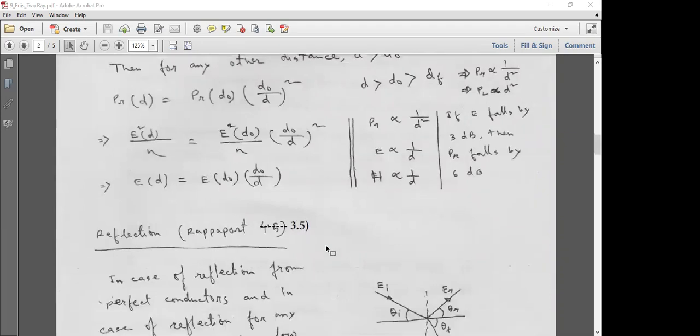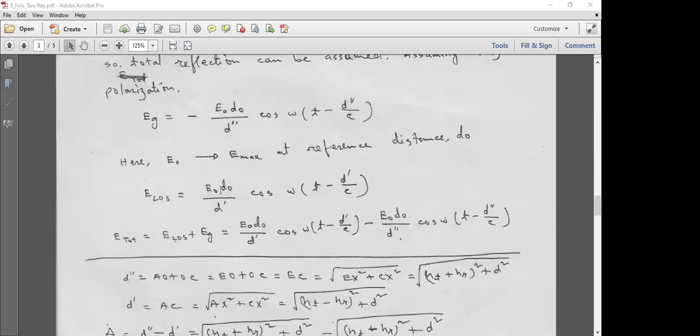So we call it E naught, and then multiply by d naught and divide by your desired distance, which is d prime. So you get the total E, the amplitude of your E. So this is the total wave, and this gives you the instantaneous value of ELOS. And E naught is the maximum or amplitude at a different distance d naught.